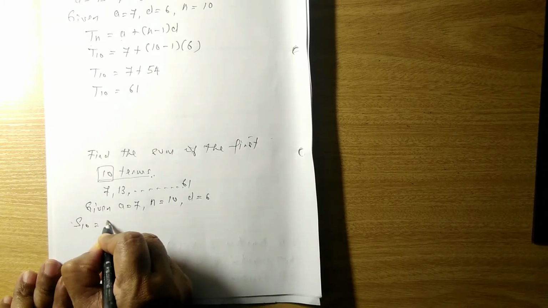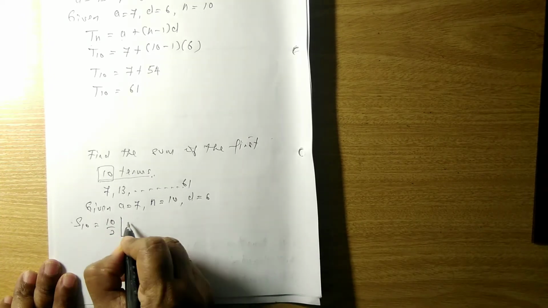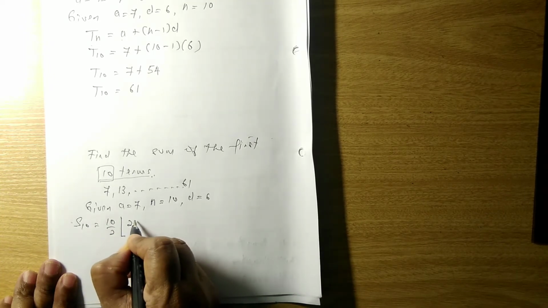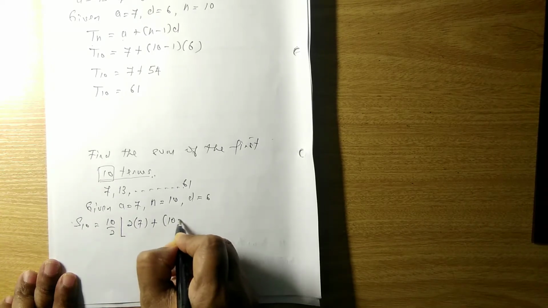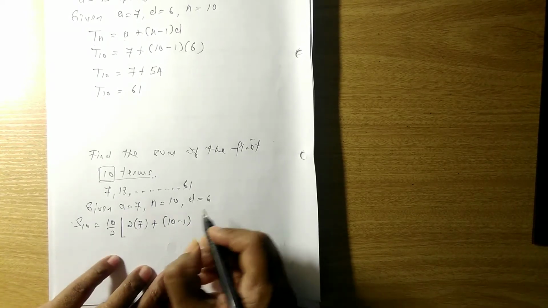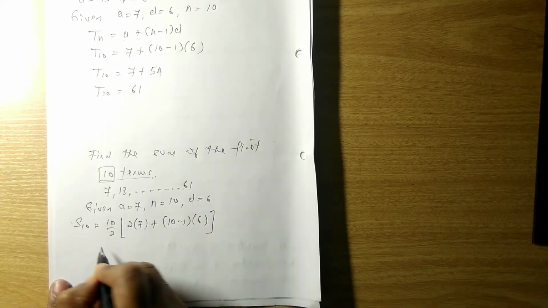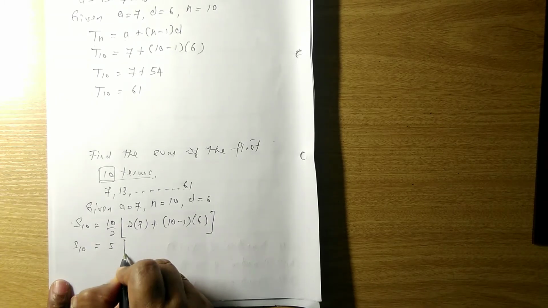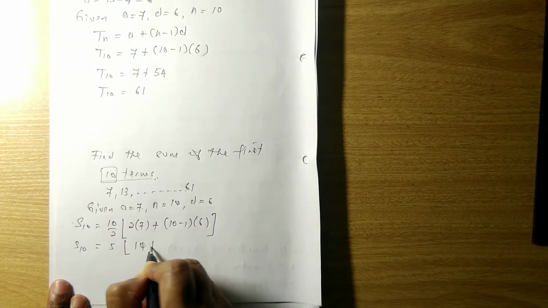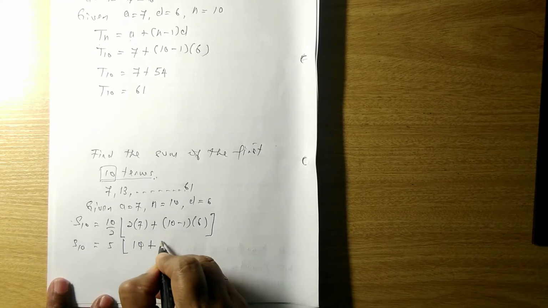This is 10 over 2 times (2a plus (n minus 1) multiplied by d). So what I actually get is 5 times (14 plus, this is 9 times 6, which gives me 54).